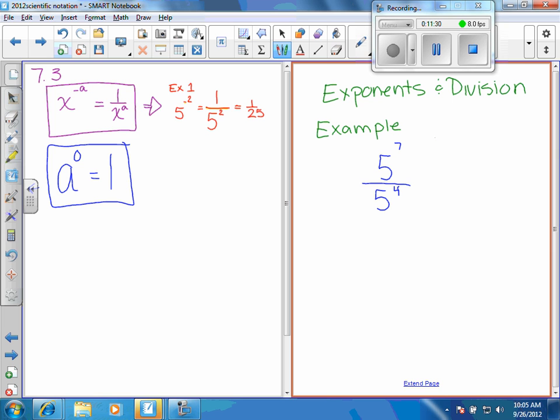So the long way to do this would be to write 5 times 5 times 5 times 5 times 5 times 5 times 5 out. And then on the bottom, I'd have 5 times 5 times 5 times 5. Okay.